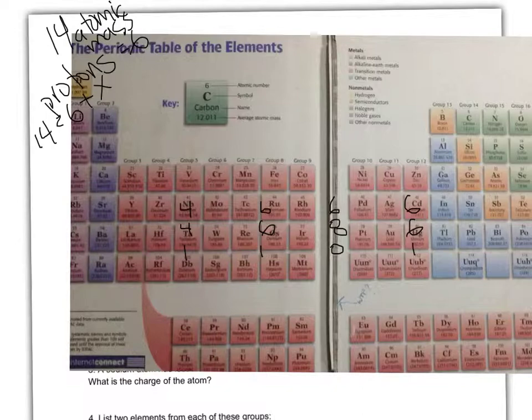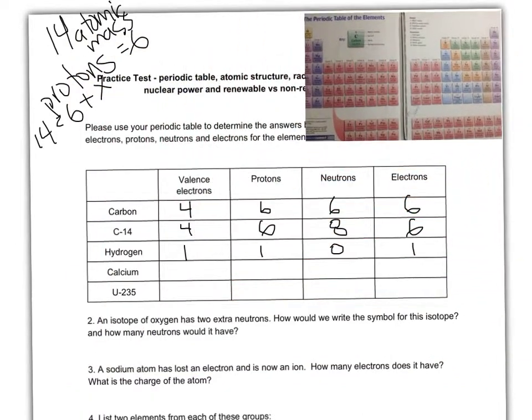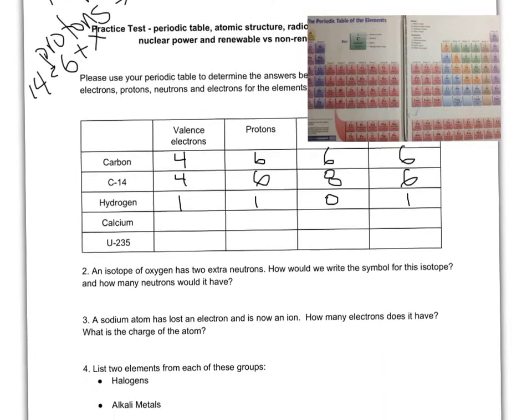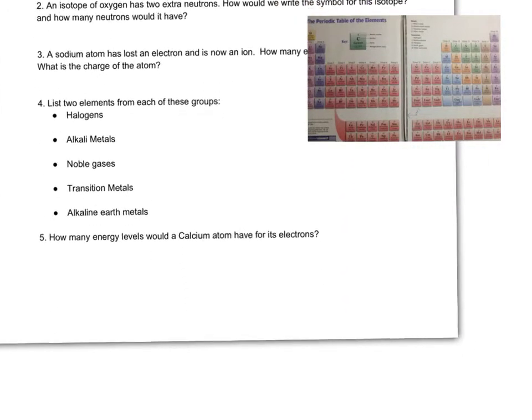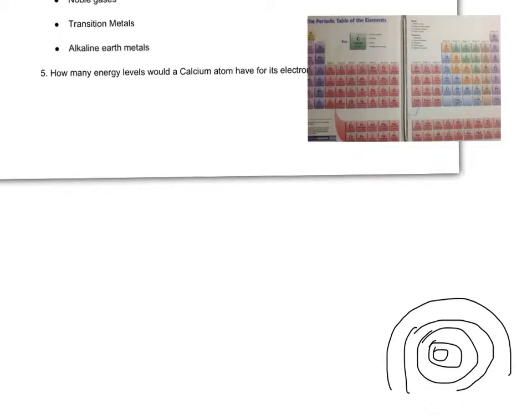So let me show you what that would look like. We would have its nucleus, and then 2 in here, and 8, and 8 in its third energy level, and then in its fourth energy level, it would have 1, 2 electrons.